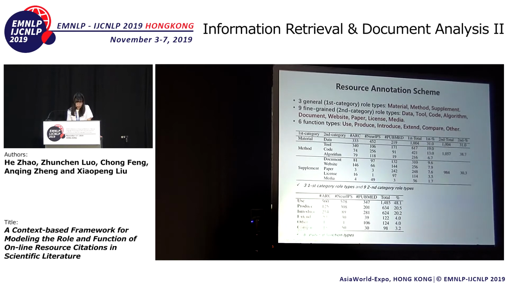Under the general types, we further define 9 fine-grained, also called second category, role types, including data, tool, code, algorithm, documents, website, paper, license, and media. For the function types, we define 6 different types: use, produce, introduce, extend, compare, and other.